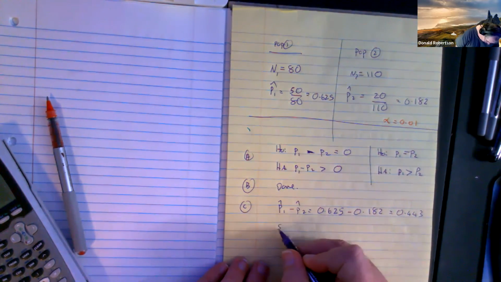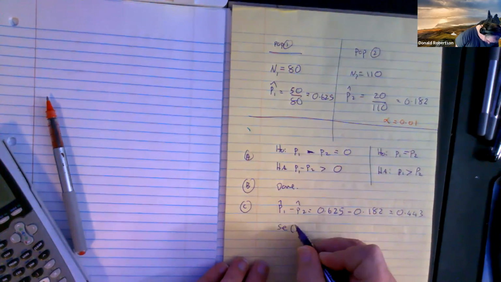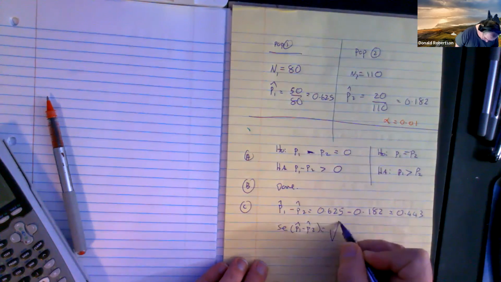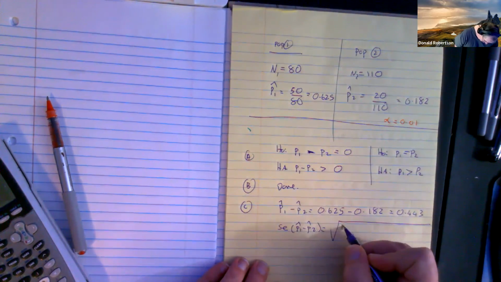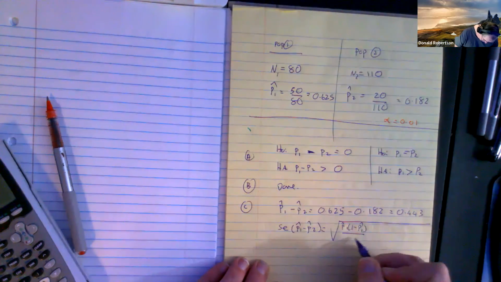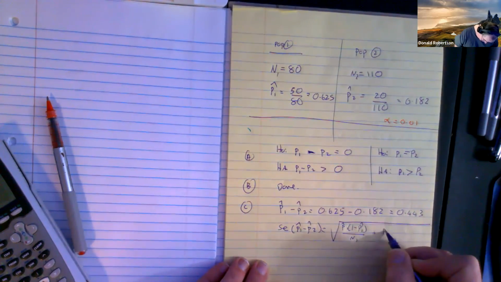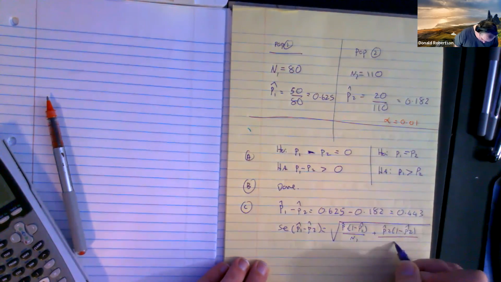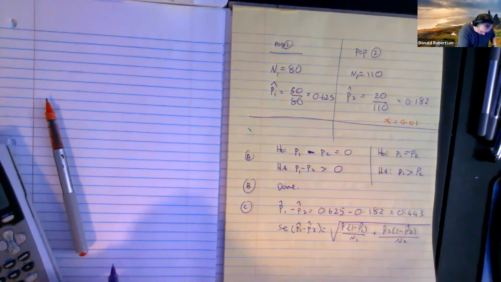Carrying on with that, the standard error, that's the ugly calculation, that big thing there, is the square root of P1 hat, 1 take away P1 hat, over N1, plus P2 hat, 1 take away P2 hat, over N2.